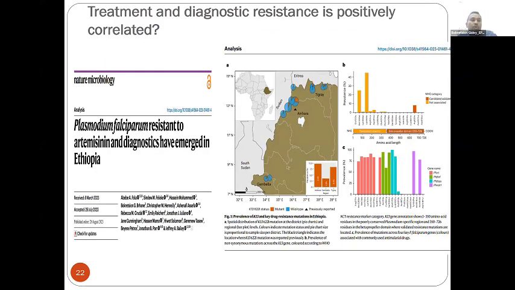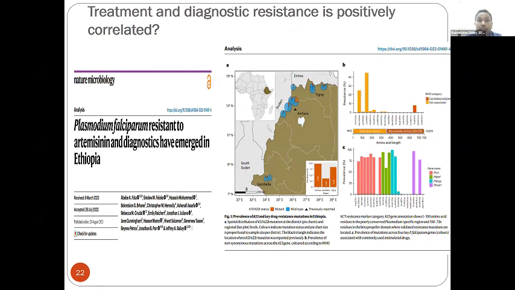And additionally, we found malaria artemisinin molecular markers associated with resistance. This 622I marker has high prevalence in the northern part of the country.